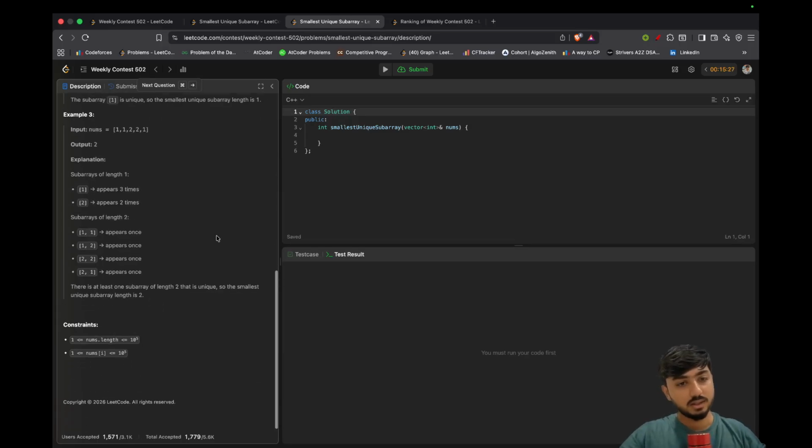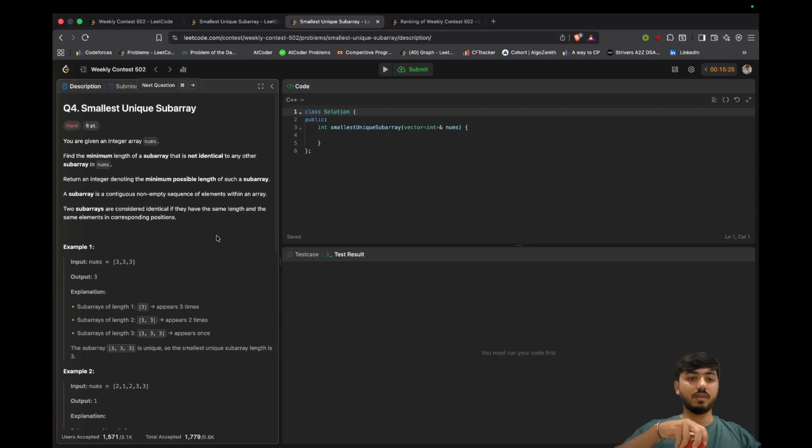So, and n is this. So what we can do is we can do binary search. What's the maximum length of a subarray?